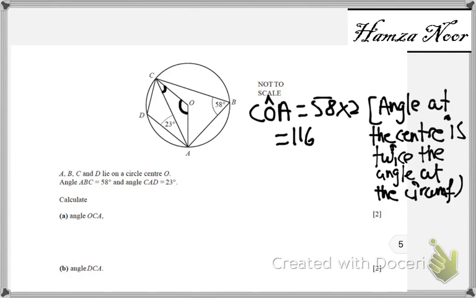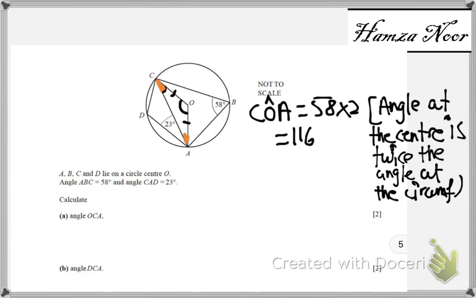And since you know that the point O is the center of the circle, OC and OA are the two radii of the circle. So they will be equal, so these opposite angles will also be equal.